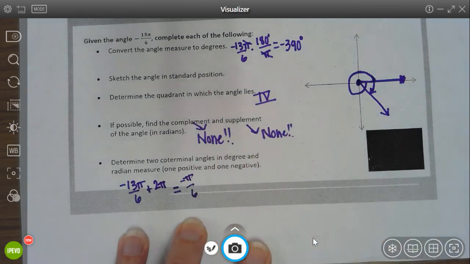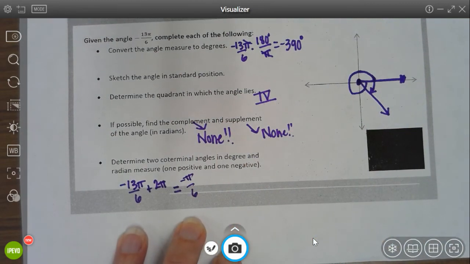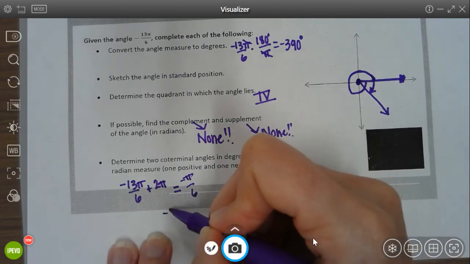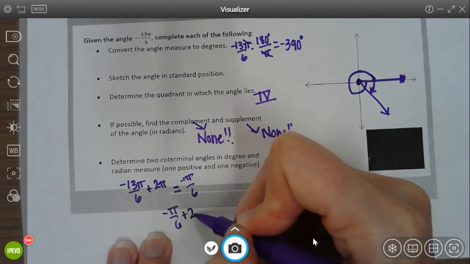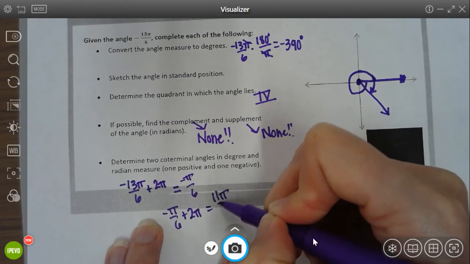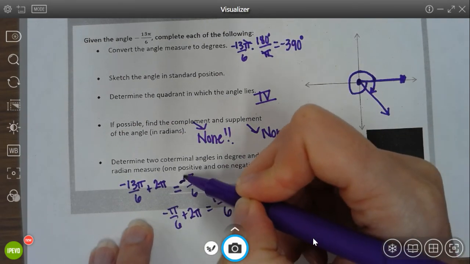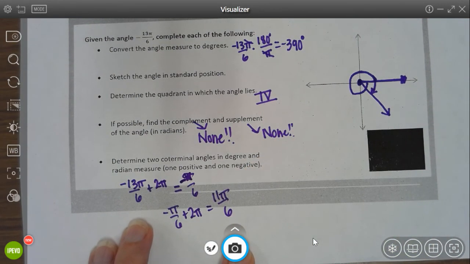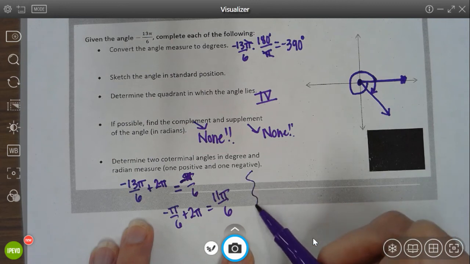Notice that when I added 2 pi, my answer is still negative. So that means I want to keep going to get my next positive angle measure. So I'm going to take negative pi over 6 and add 2 pi, and that'll give me 11 pi over 6. So those are 2 values for coterminal angles, one negative and one positive using radians.